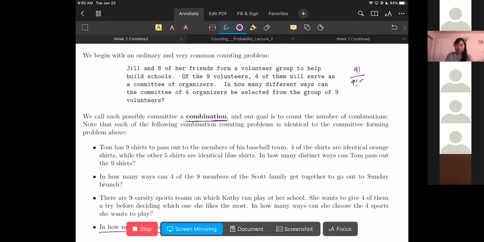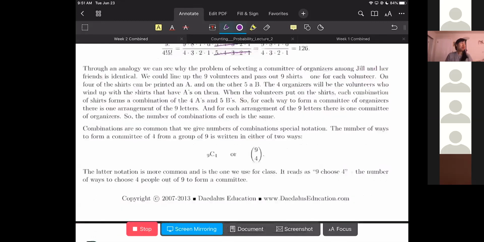And this is a really common type of problem, as well as computation that we'll do. So we'll introduce some notation. You can use a similar type of notation as permutations, but instead of using P, we'll use C. Or more commonly, you'll see it written like this, 9, and we call this 9 choose 4.